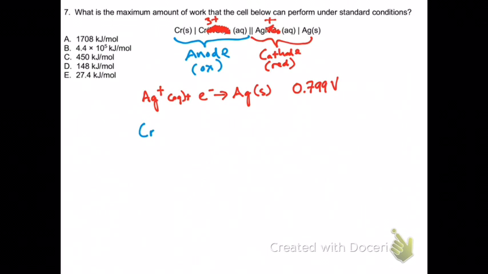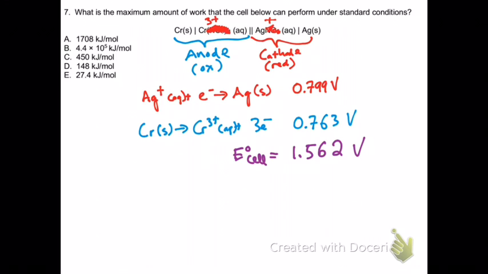Chromium going to chromium 3 plus, and 3 electrons, that has an oxidation potential of 0.763 volts. Remember, we have to flip the reaction on our reduction potentials table, and we have to flip the sign on our reaction. So, total, this gives us an E cell of 1.562 volts. And remember, that's what we get from adding together the reduction potential of what's being reduced plus the oxidation potential of what's being oxidized.